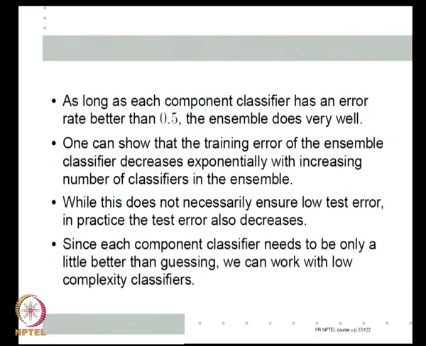Roughly, one way of looking at it is that the ensemble allows me to get higher accuracy. I do not have to go to very complex classifier structures. I can use simple classifiers, let us say just linear classifiers, but I use many of them. That is the strength of boosting.